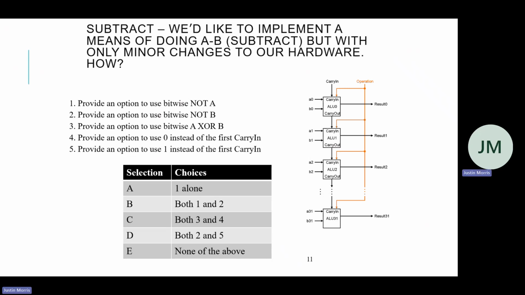Well, we're just going to add the negative number. Right? So with that in mind, with minimal hardware change, how can I perform subtraction? Talk to the people around you.